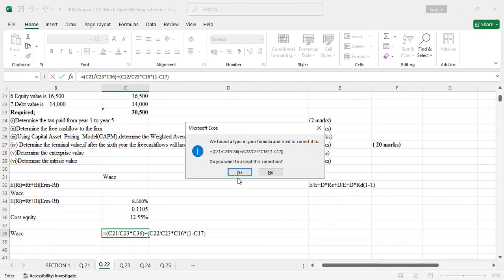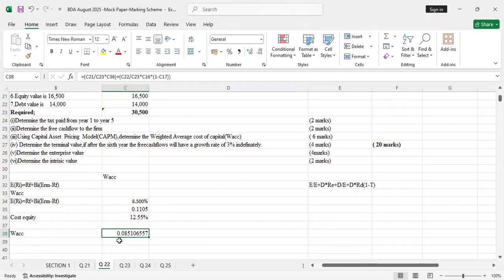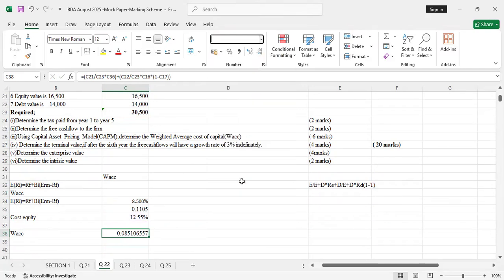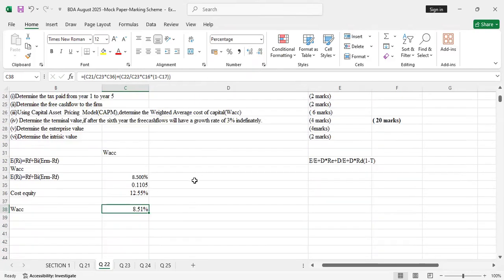After that, you just enter. Before you type in your formula, you just say yes, so that they can correct it for you. So our WACC is 0.085. So you go here, then you change to percentage. So we had a weighted average cost of capital of how much? 8.51%. That's how you're supposed to calculate the weighted average cost of capital.